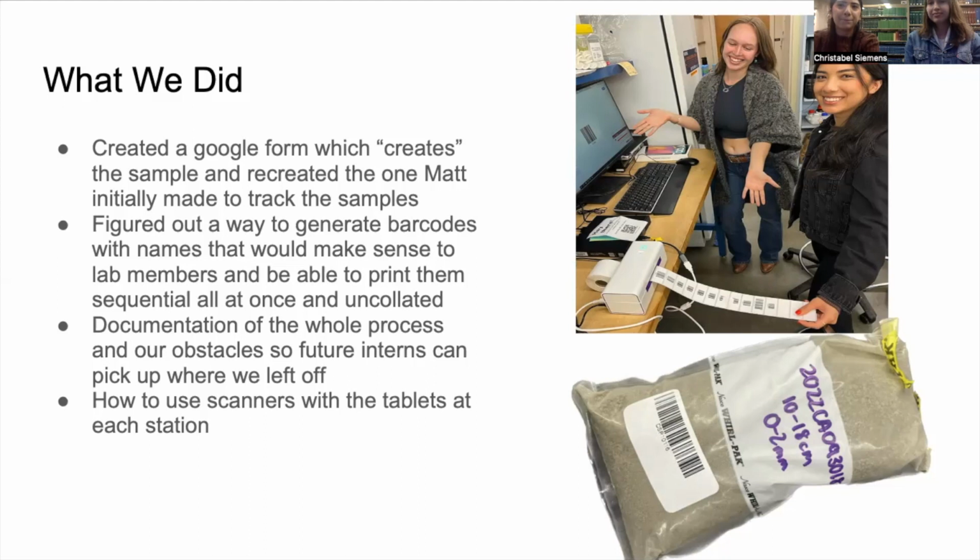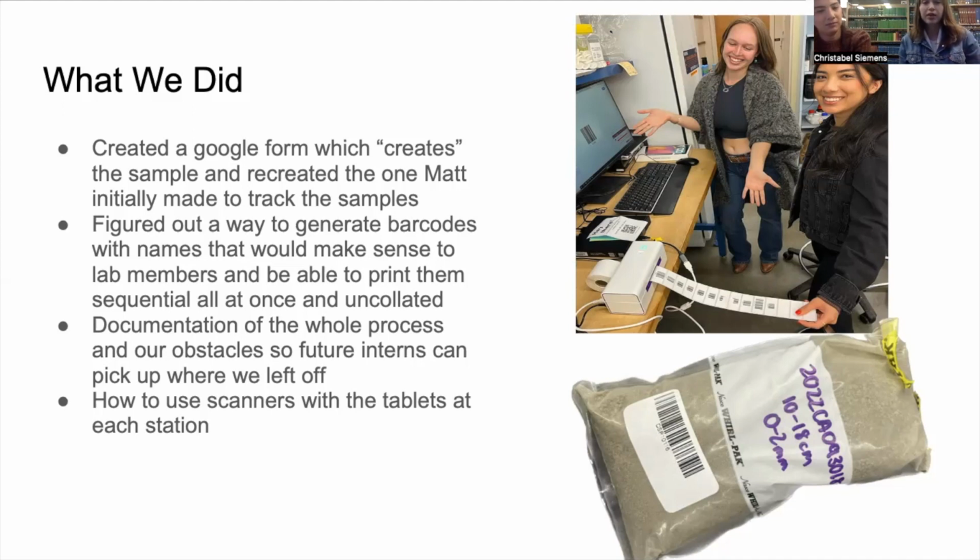There definitely were other obstacles too, so we made sure we identified them and how we were able to continue through with them. That way future interns can pick up where we left off and continue with this process.